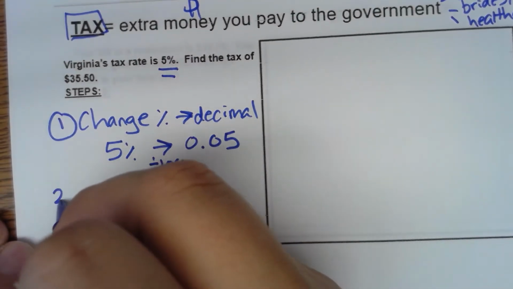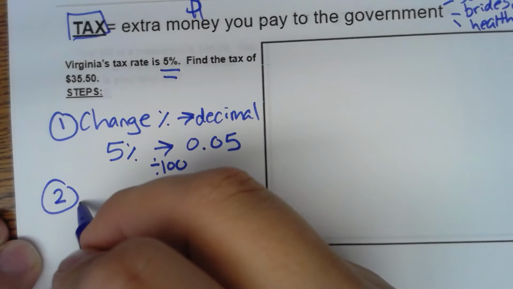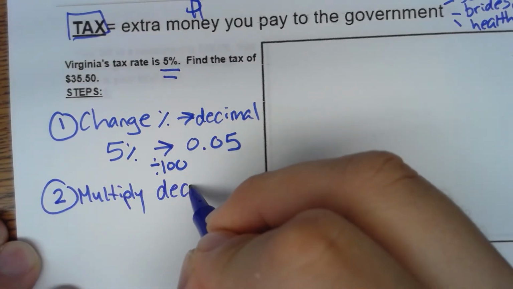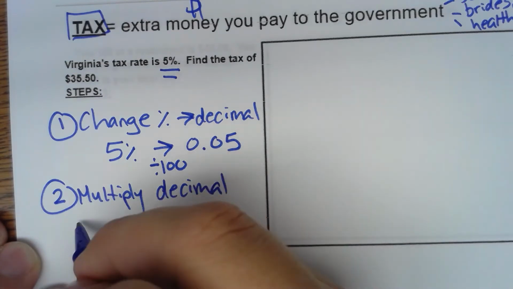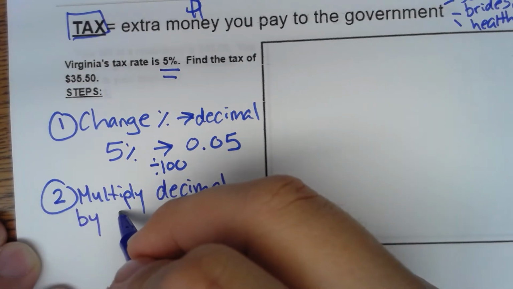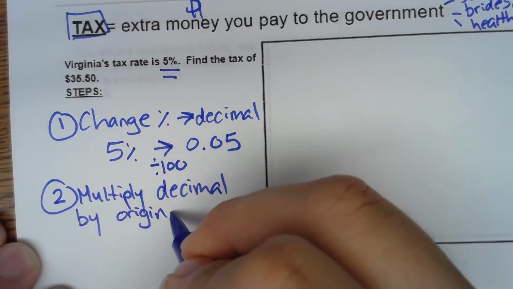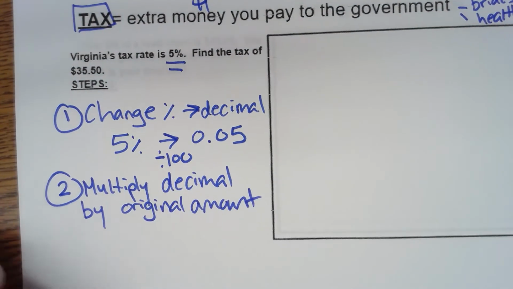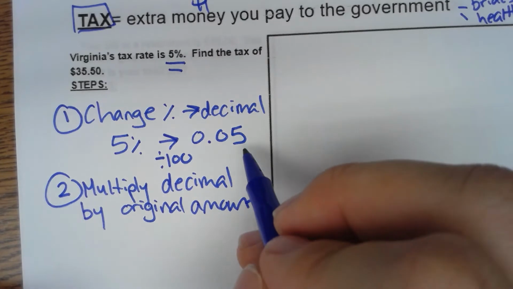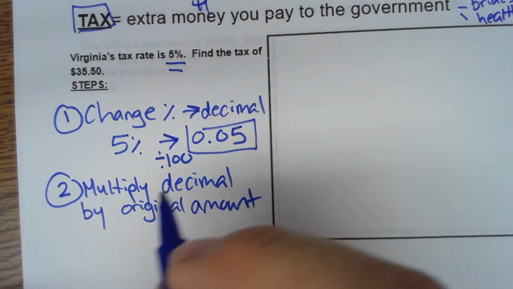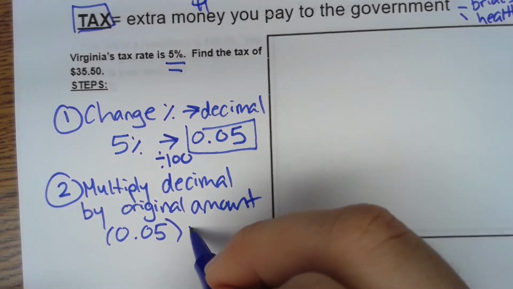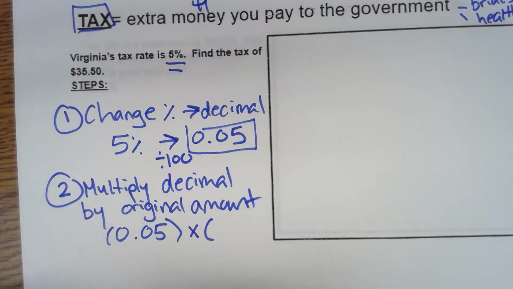Step 2. Multiply the decimal by the original amount. Here's the decimal, 0.05, and we need to multiply that by the original amount.